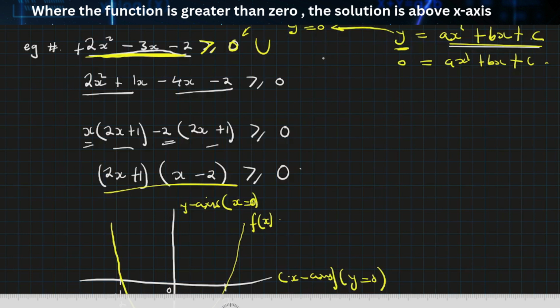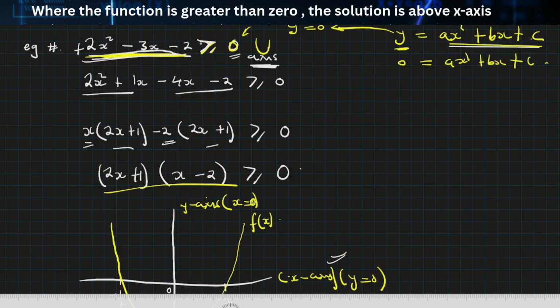So y = 0 is our x-axis here. They are saying in this question that the solutions they want are the part where the function is greater than our x-axis, where y = 0.